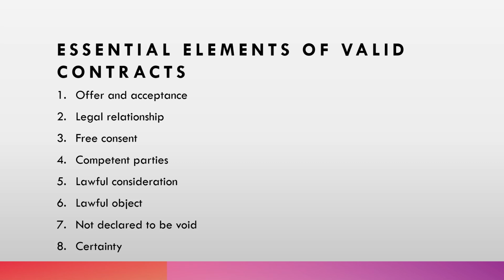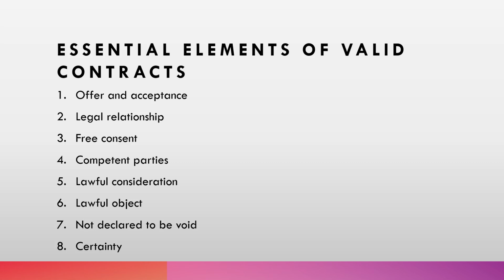Both the parties should be free to take the decision whether it is to be accepted or not to be accepted. Then competent parties means an important party of that contract should have completed 18 years of age. That is competent parties.